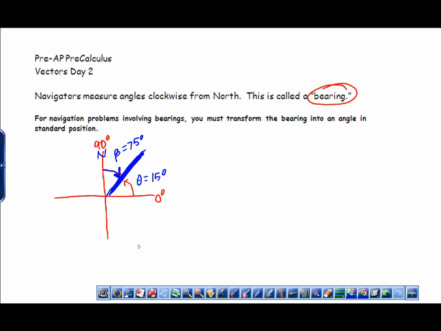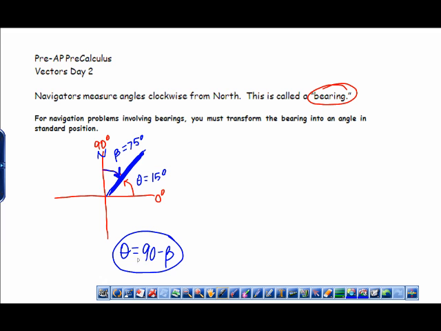And this formula for finding theta, which is, I'm sorry, not bearing minus 90, 90 minus bearing, this is actually going to be true for all angles. So let's think about it in other quadrants.